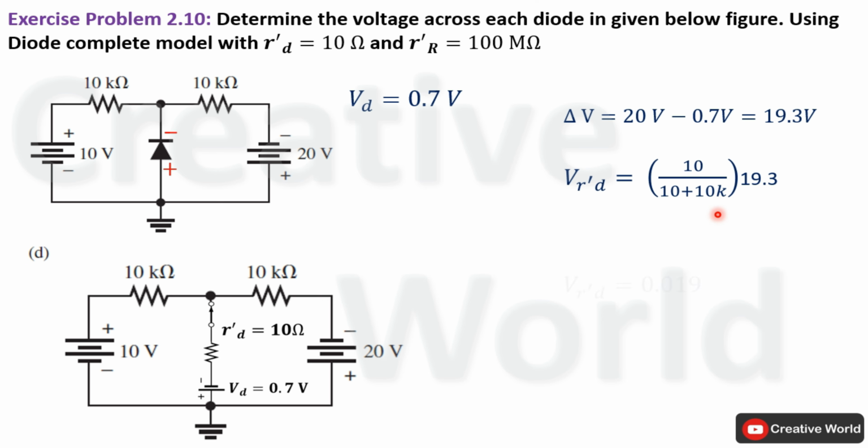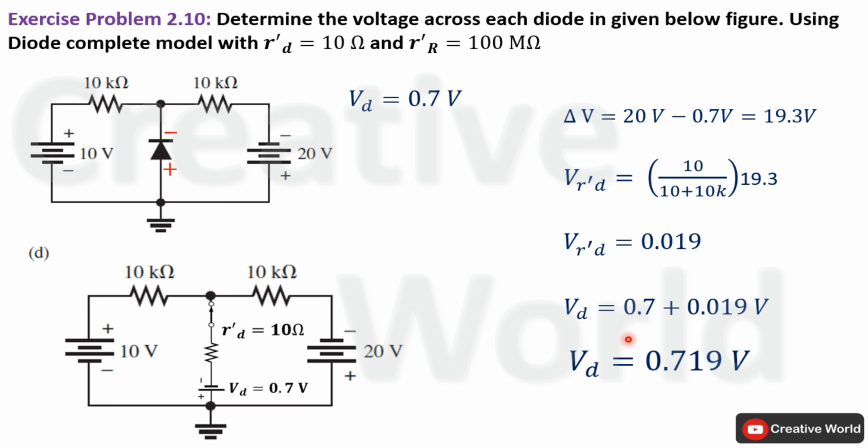Solve this equation, we will get the value of voltage across this resistance, that is 0.019 volt. After finding out the value of voltage across this dynamic resistance, the value of this voltage and this forward drop voltage will be added together to find out voltage across diode complete model. So diode complete model will be having voltage across it of 0.719 volt.